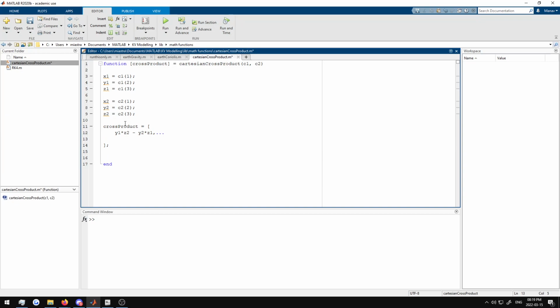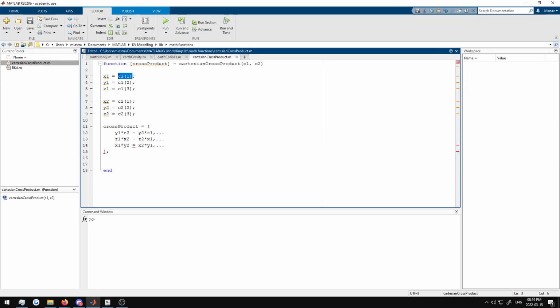The next one is Z1 times X2 minus Z2 times X1. And the last one is X1 times Y2 minus X2 times Y1. These are the values.